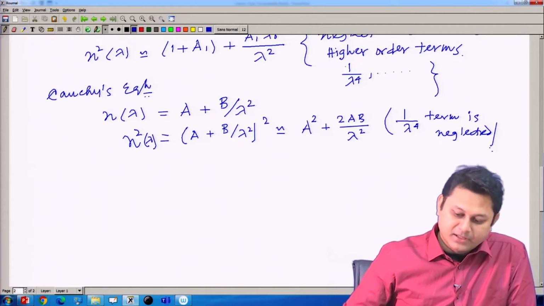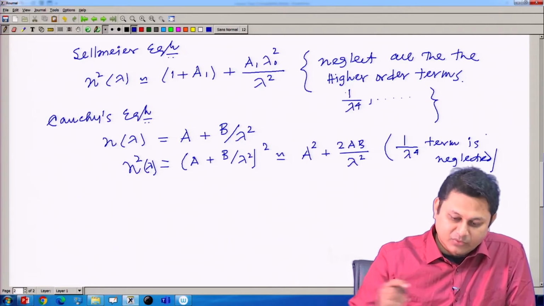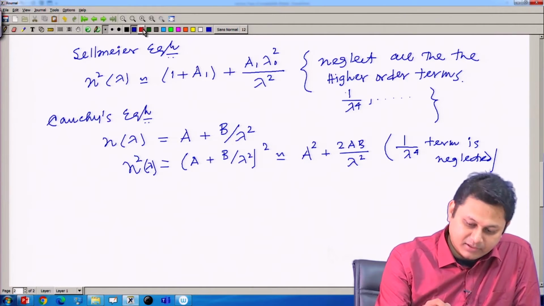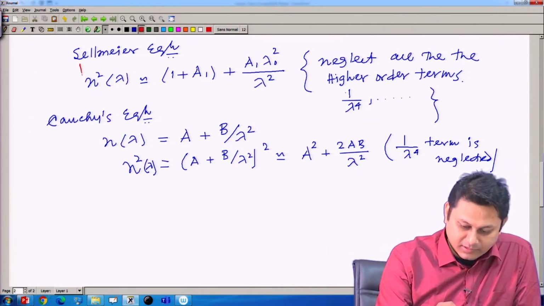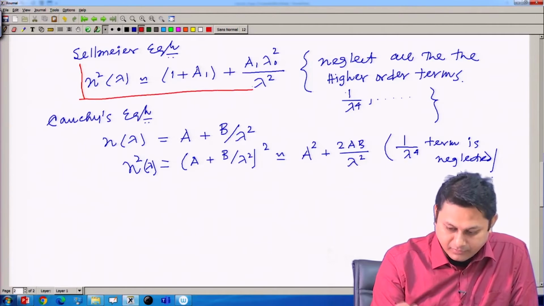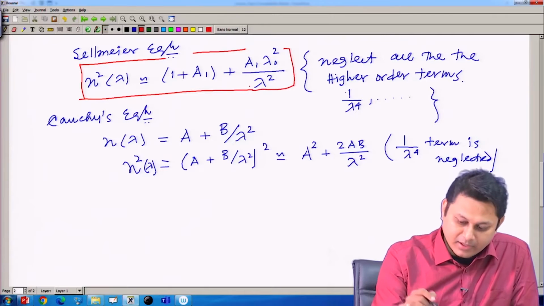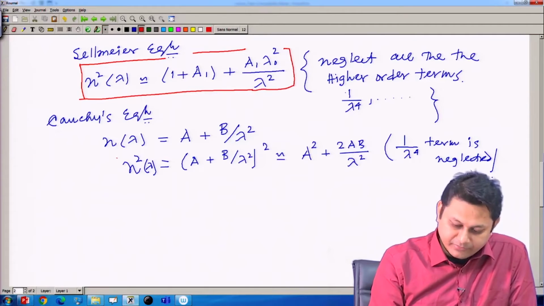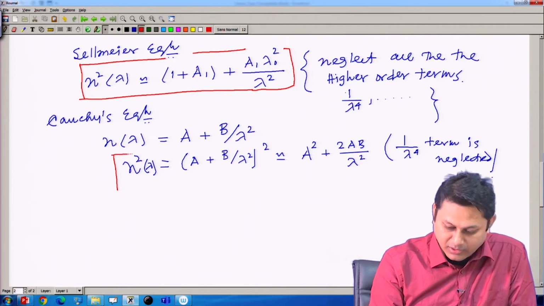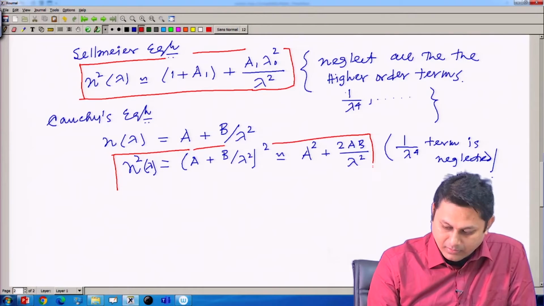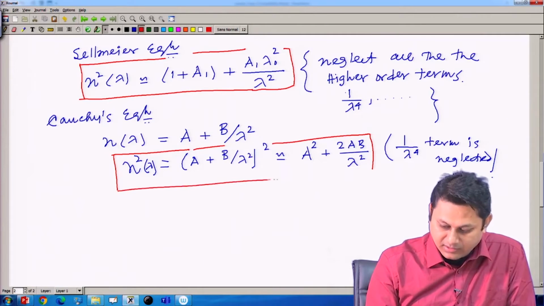Now, if I compare these two equations side by side, one is the expression I have exploiting the Sellmeier relation, and the other is the one I have exploiting the Cauchy's relation, and essentially these two are the same.